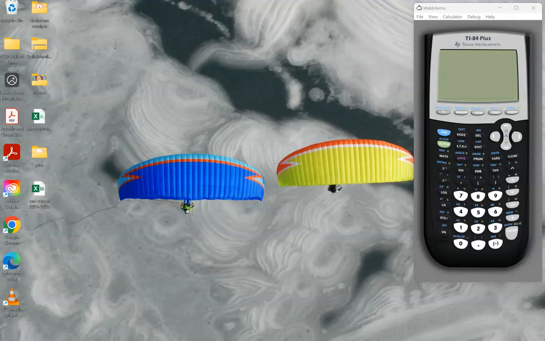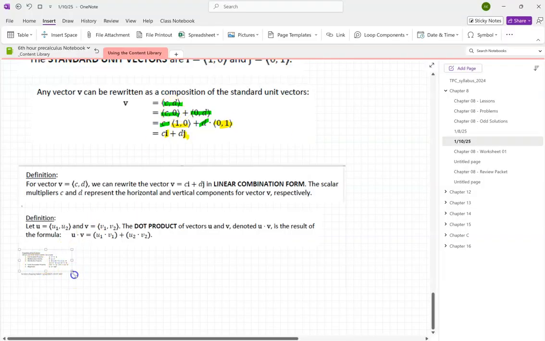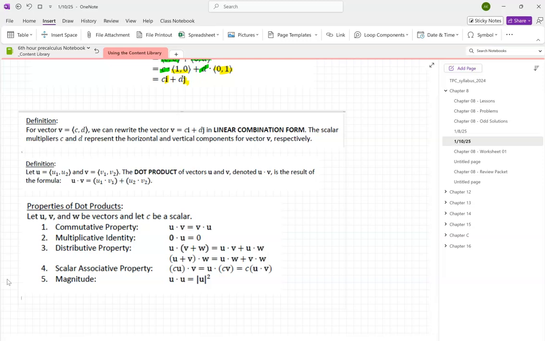So a couple basic properties of dot products are as follows. The dot product is commutative. That means that u dot v is the same as v dot u. The multiplicative identity property says the dot product of the 0 vector with any other vector is just the number 0.